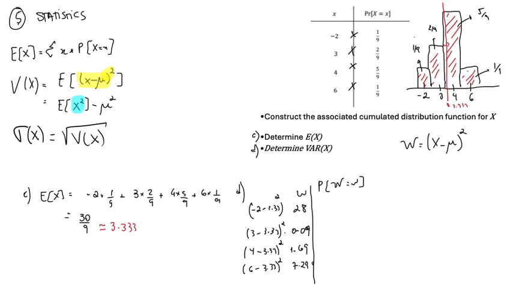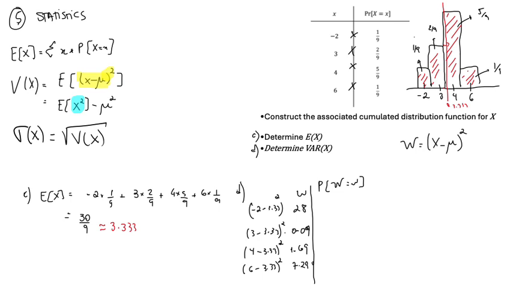So let's go with the probability. What's the probability that my W is 28? For my W to be 28, I need X to be minus 2. So that's 1/9. This is a nonlinear relationship, and here it will be a direct copy. It can happen, but in other cases it can't.